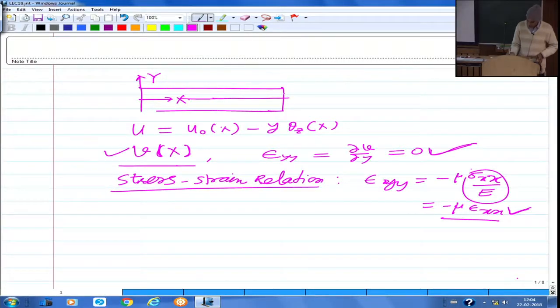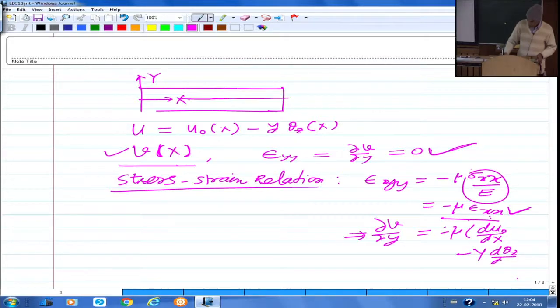Now from this particular expression, you can say that epsilon yy is actually del v by del y, which is minus mu times epsilon xx, and depending on this model, you have du naught by dx minus y times d theta z by dx.